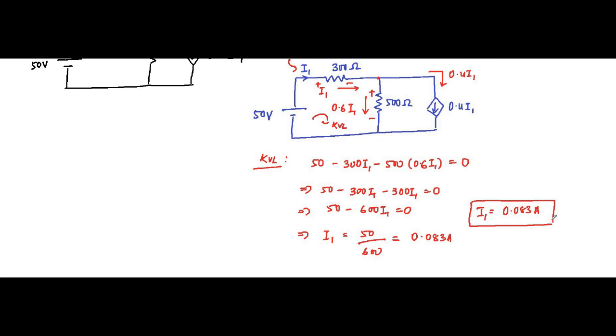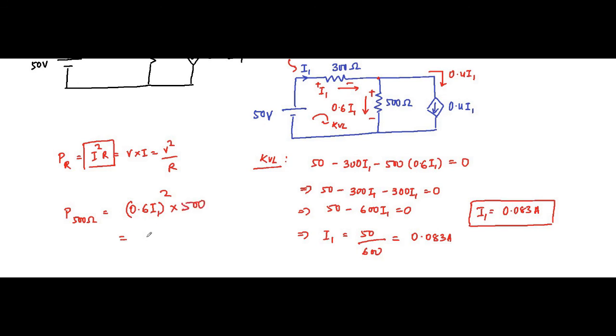Then we have to find out the power dissipated through this 500 ohm resistor. We know the power dissipated through a resistor is basically V into I, which is equal to I square R. It can also be V square by R, anything. Here we'll be using this I square R. So the power dissipated in the 500 ohm resistor is equal to the current flowing through it, that is 0.6 I1, squared, into 500.